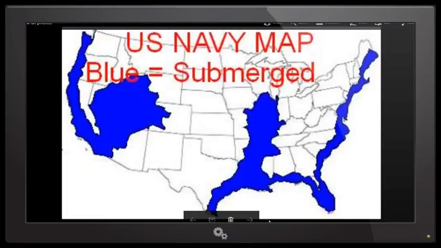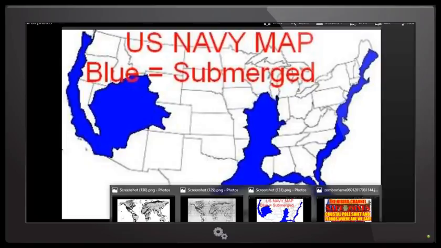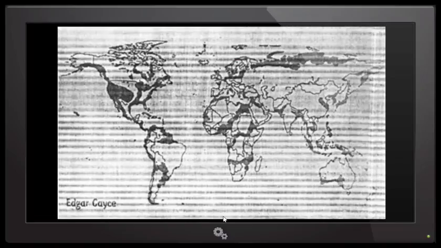However, doing some research of my own, and I've always been a big fan of Edgar Cayce. Back in the late 1930s, Edgar Cayce had a dream about the Earth and this global flooding and a crustal pole shift.